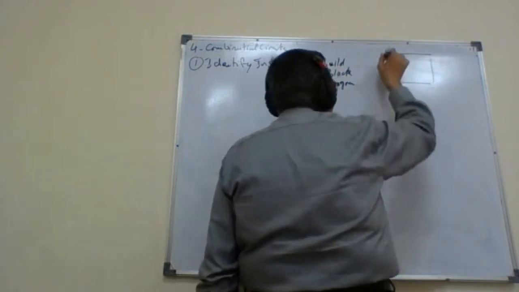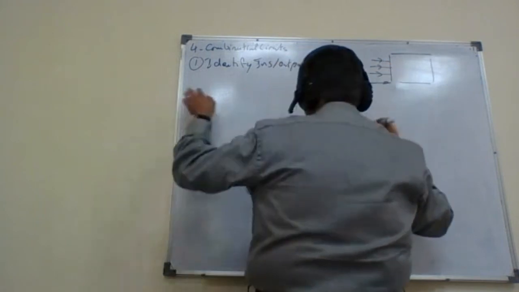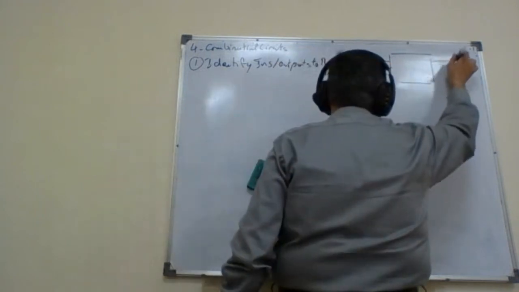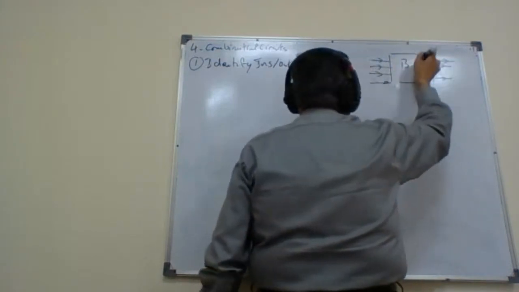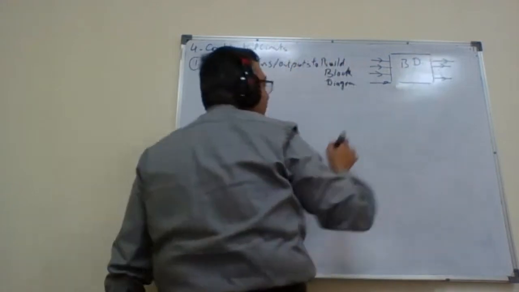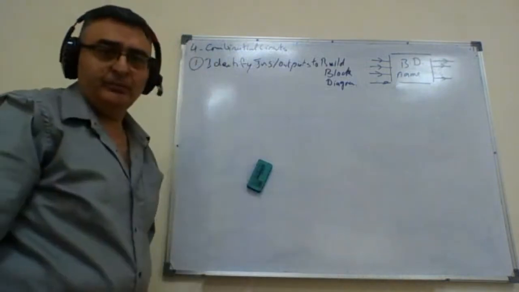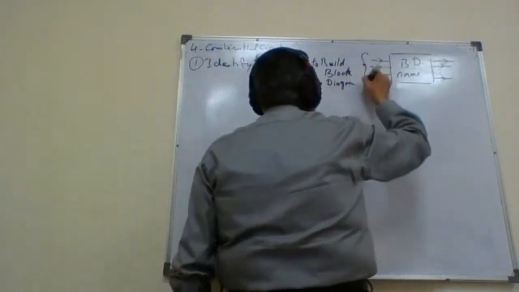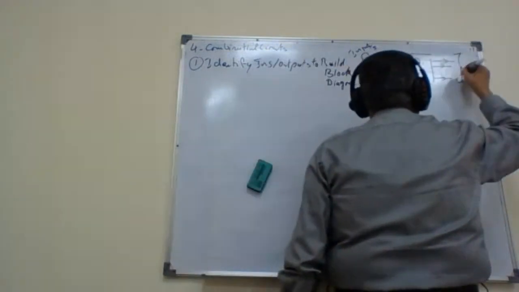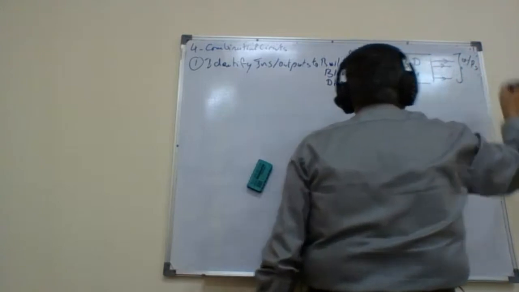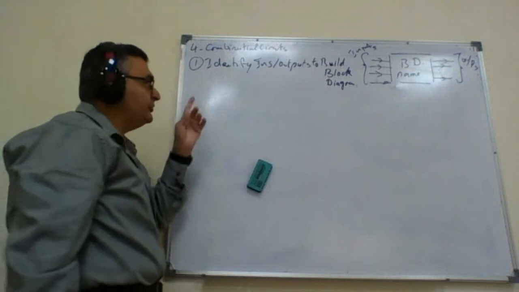Since I already identified the inputs of the problem and the outputs of the problem, I can start building my block diagram. Usually, I give a name for my circuit. And the block diagram shows the inputs on one side and the outputs on the other side. This is the block diagram. That's it. Okay, so this is step number 1.